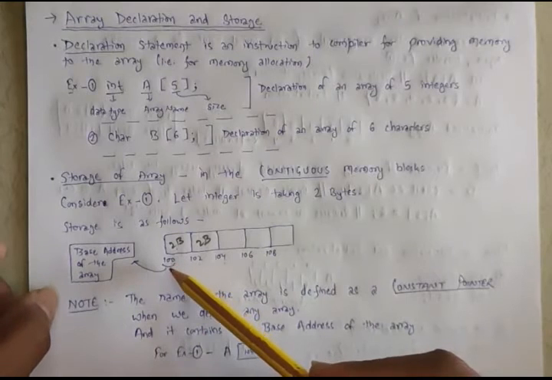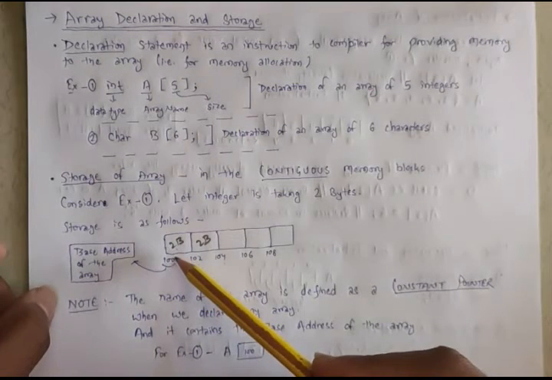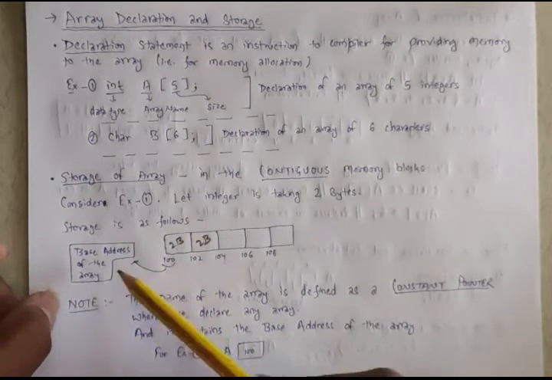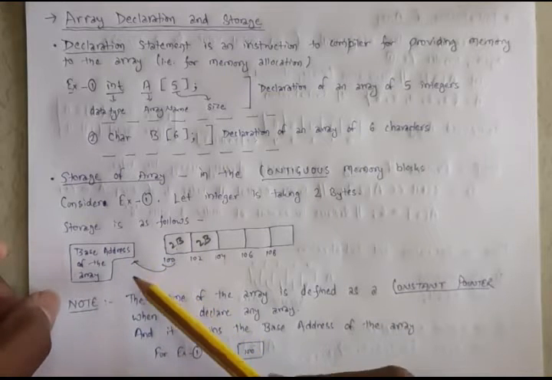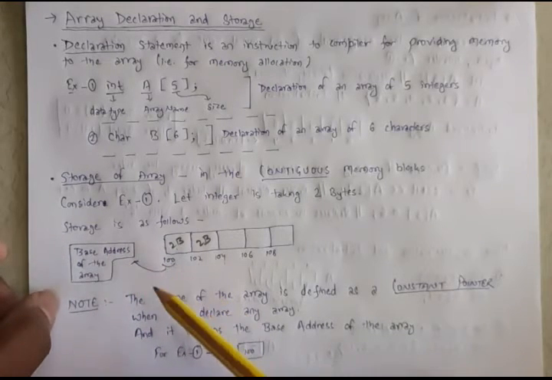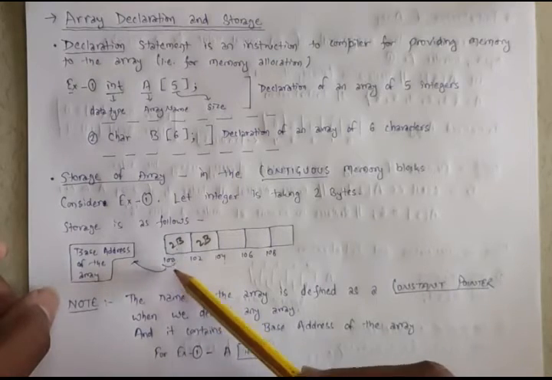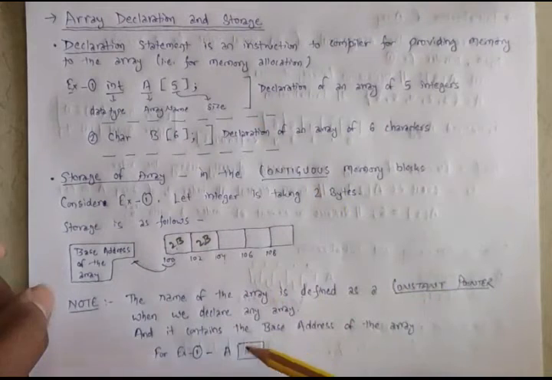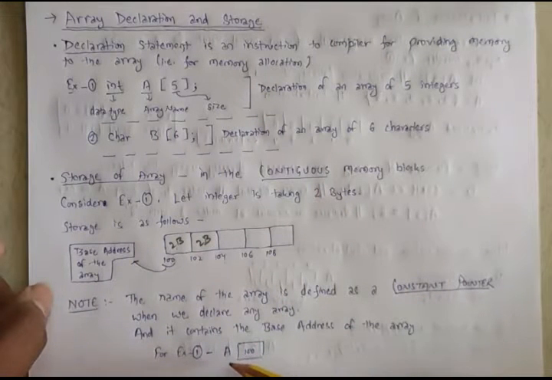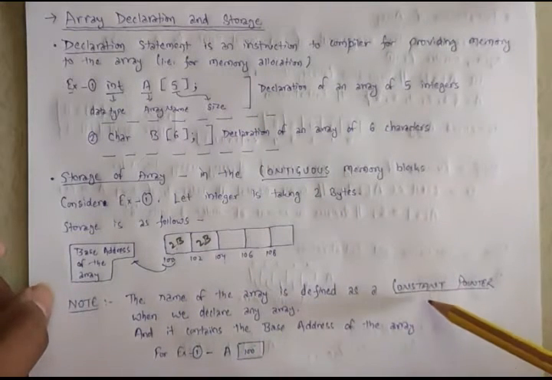So here we have discussed the base address. What is the base address of the array? Base address is the address of the first element of the array. So here the base address is 100. So for example 100 would be stored in A, which is a constant pointer.